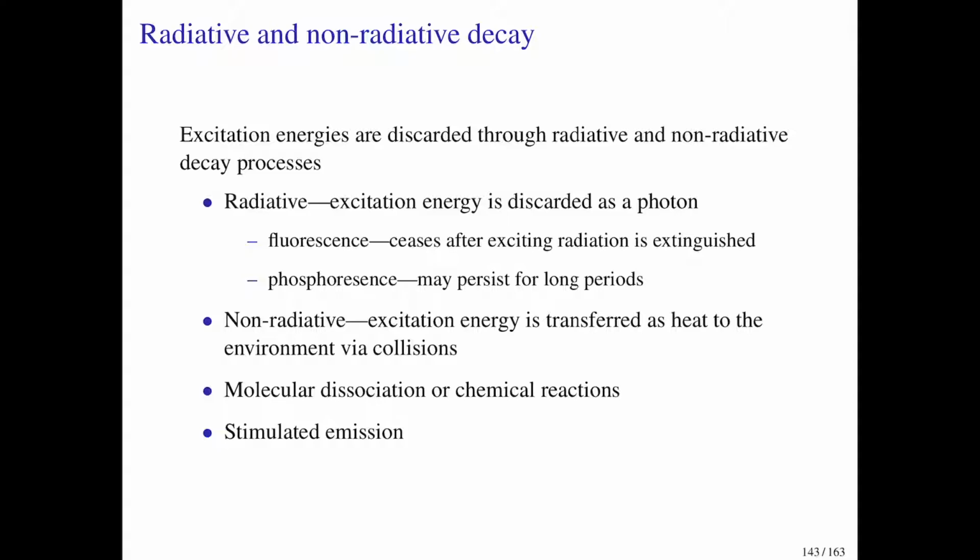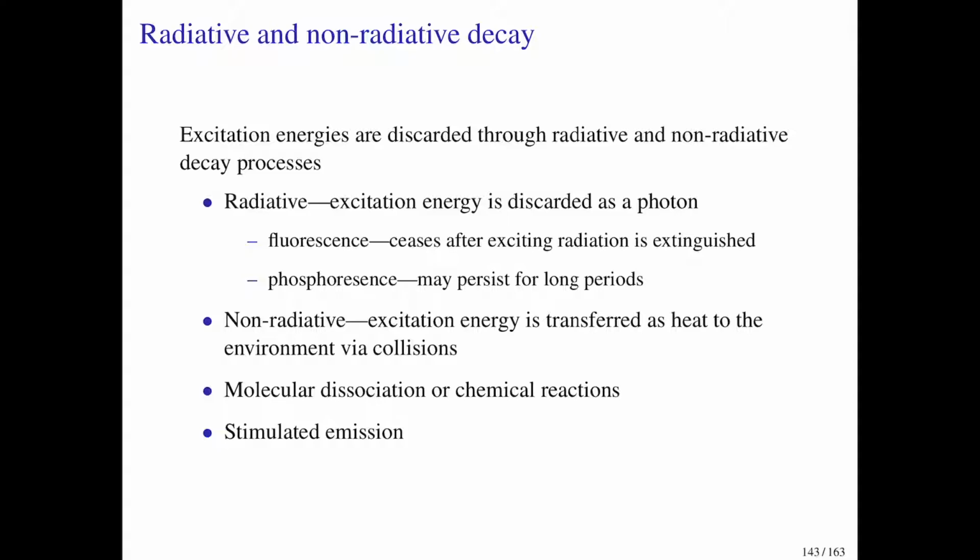In fluorescence, the decay of the excited state ceases as soon as you turn off the excitation source. So suppose you had a UV lamp that you were using to excite some electronic transition in your system. The fluorescence will continue as long as the UV light is turned on, but as soon as you turn it off, the molecules will stop emitting photons.